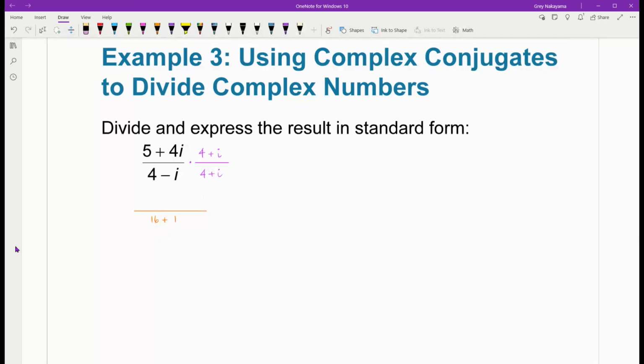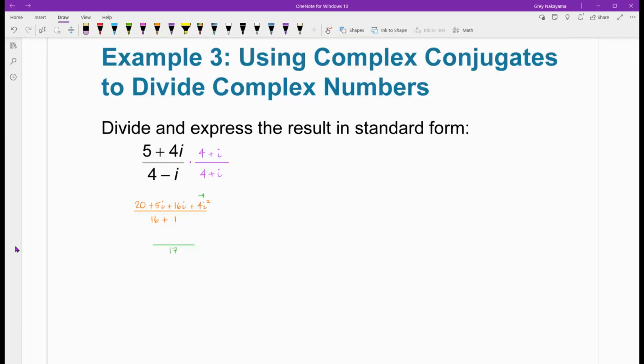And then I'm going to FOIL the top. First terms, 5 times 4 is 20. Outside terms, plus 5i. Inside terms, plus 16i. Last terms, plus 4i squared, which becomes minus 4. So when I combine, on the bottom, 16 plus 1 is 17.